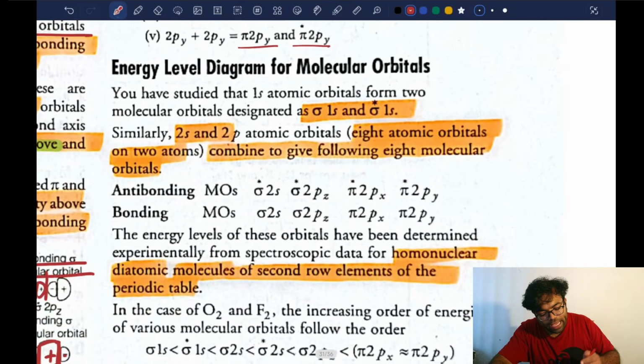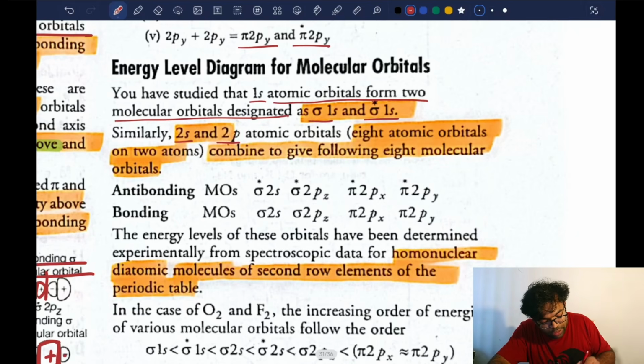Okay, let's move on. Energy level diagram for molecular orbitals. You have studied that the 1s atomic orbital forms two molecular orbitals designated as sigma 1s and sigma star 1s.